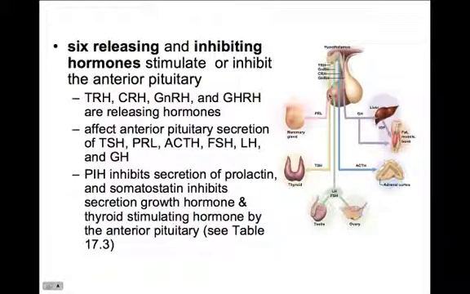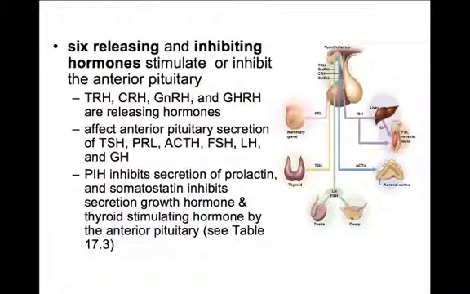The thyroid-stimulating hormone that's released from the anterior pituitary then goes out into general circulation and will eventually reach its target, the thyroid gland. The thyroid gland is one of the very few places that has receptors for thyroid-stimulating hormone. In response to thyroid-stimulating hormone, the thyroid gland will release its thyroid hormones. We'll look at those shortly.